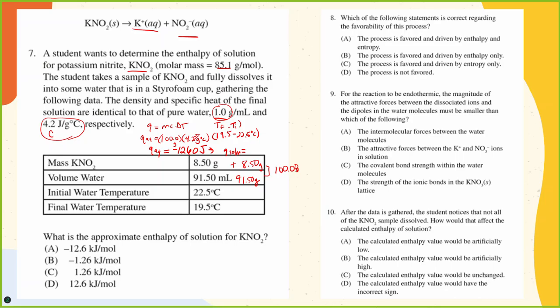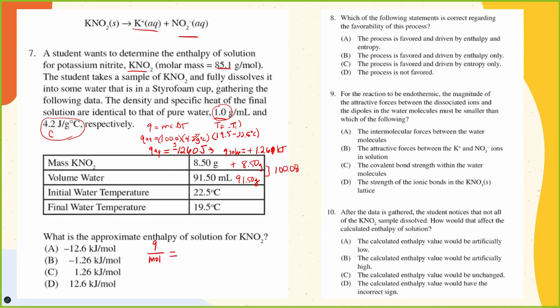So the system's gaining energy, so this is positive. And I'm going to go ahead and change it to kilojoules, because delta H is normally reported in kilojoules. Now, approximate enthalpy, this is Q over moles.